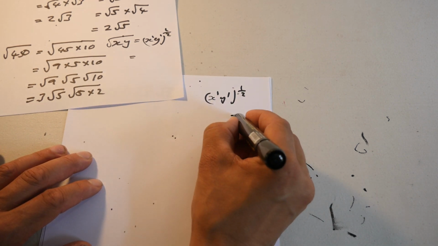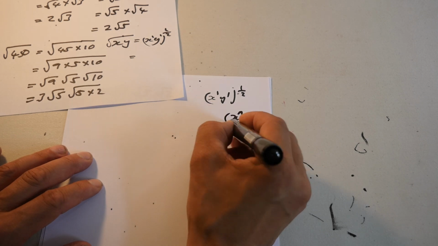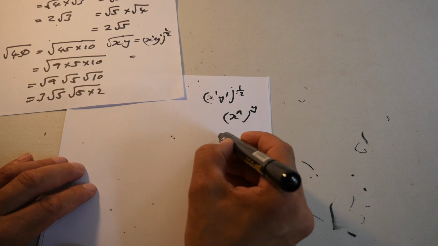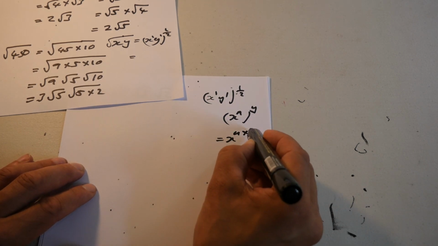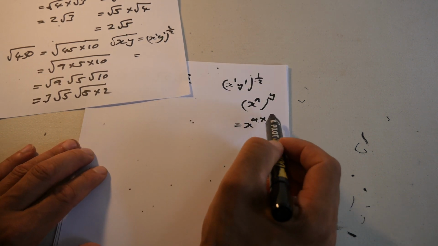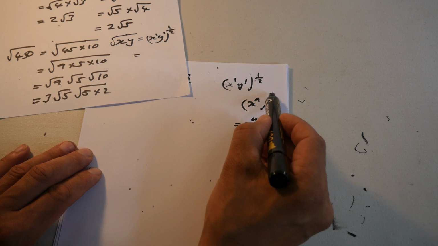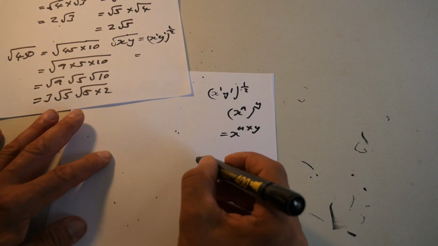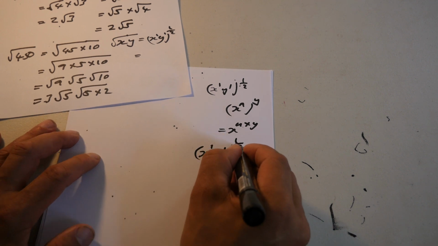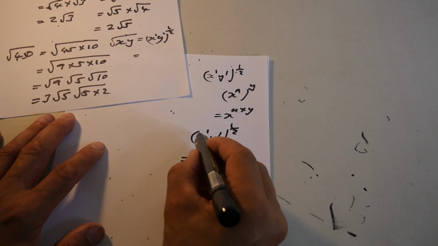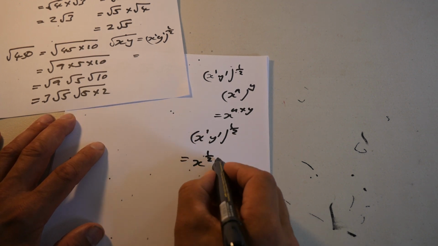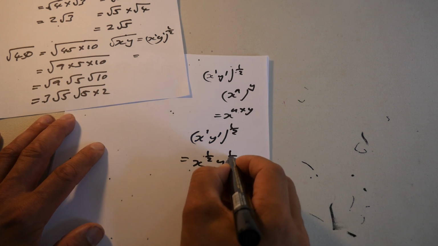Remember the rule when I said x to the n, all to the power of y, is equal to x to the n times y, okay? So x to the 1, y to the 1, all to the half, equals x to the 1 times a half is a half, y to the 1 times a half is a half, okay?